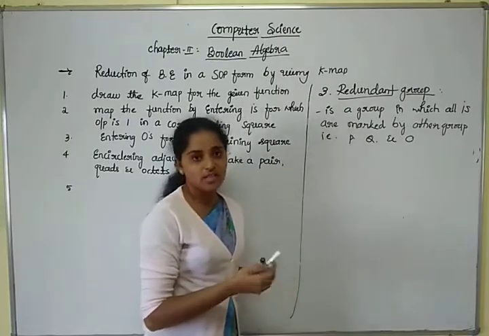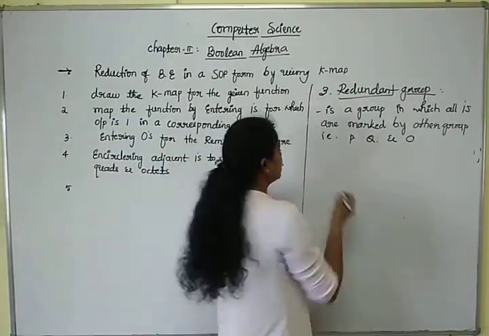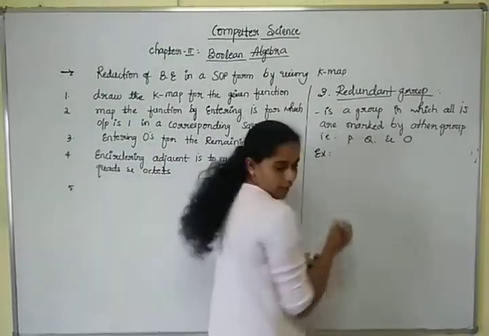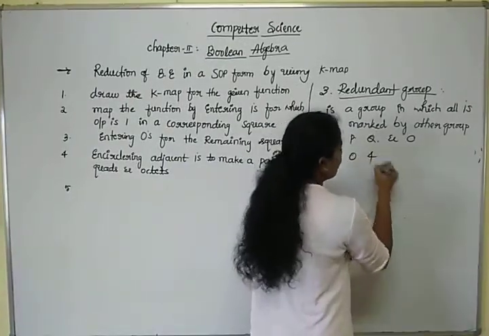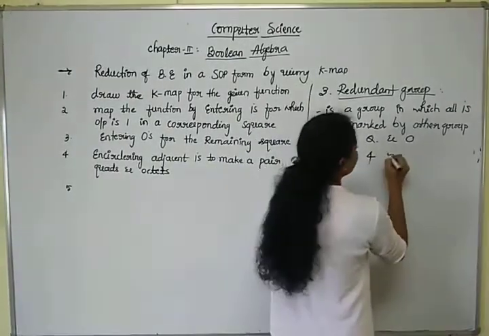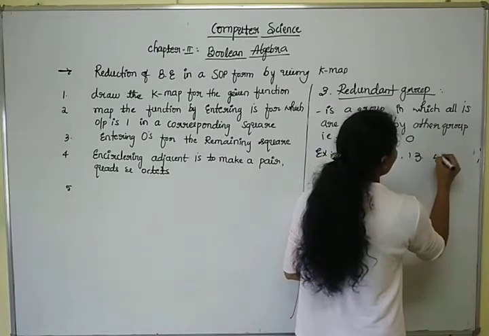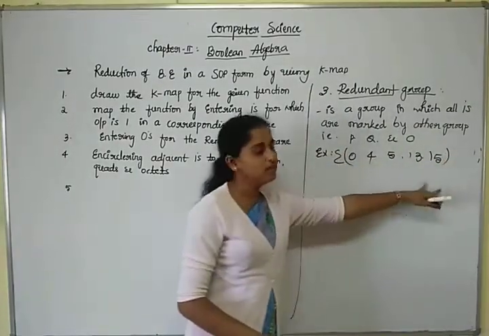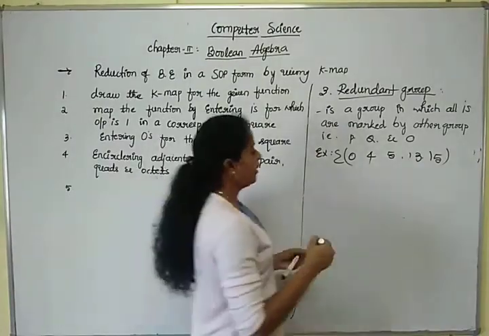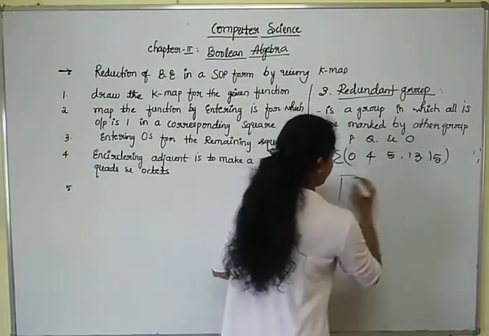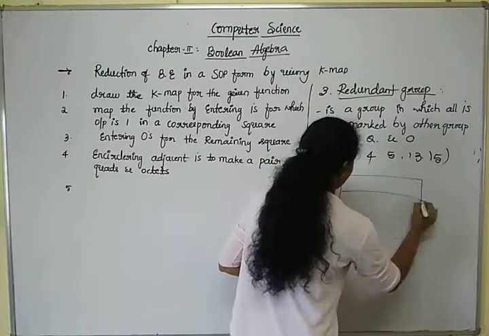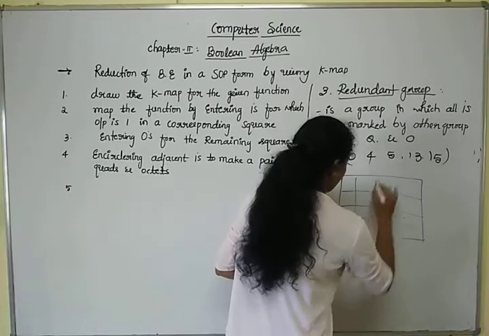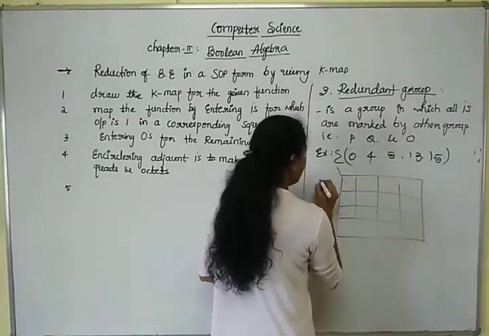So now let us consider one example, then we will get an understanding. The example is 0, 4, 5, 13 and 15. So this is the given function. Now drawing a K-map. This is a 4 variable K-map.